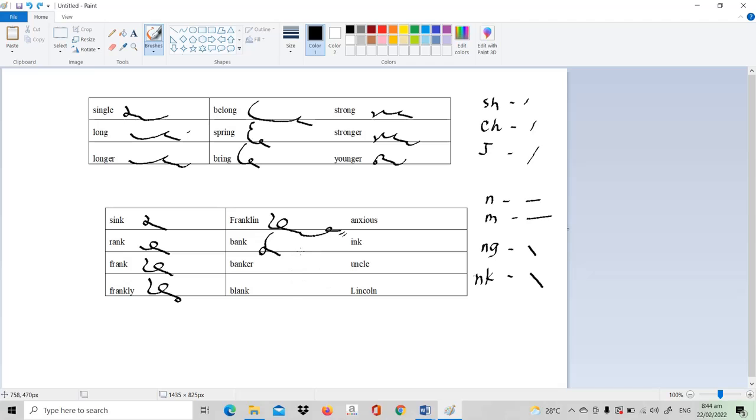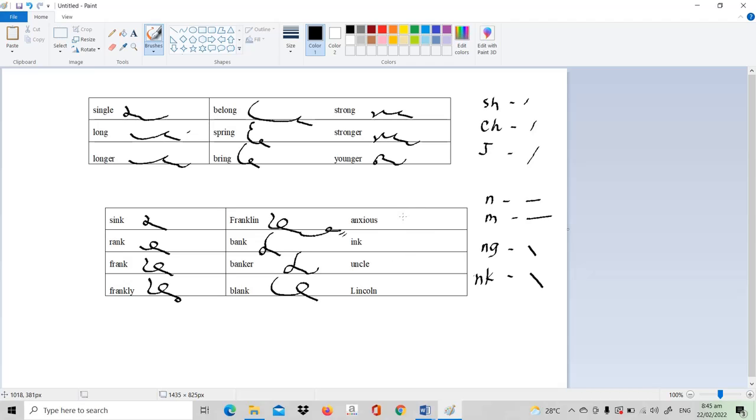B-A-N-K-R. Ulit. B-A-N-K-R. Blank. B-L-A-N-K. Anxious.